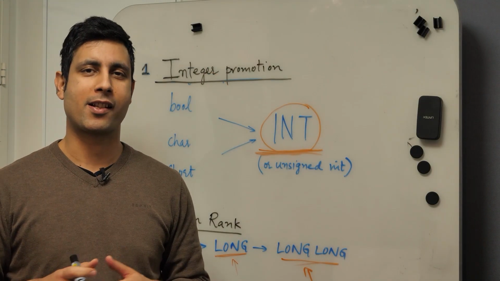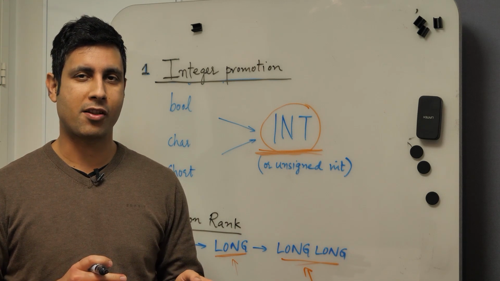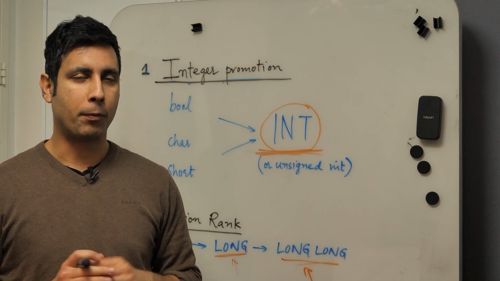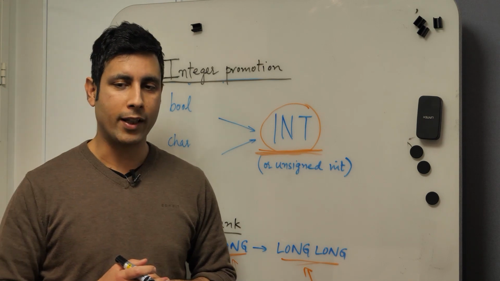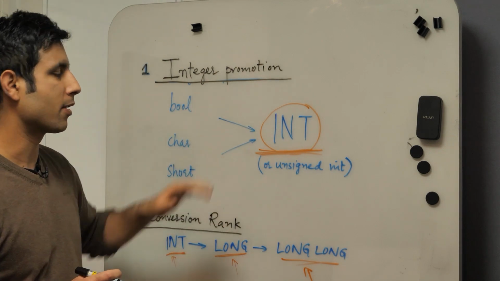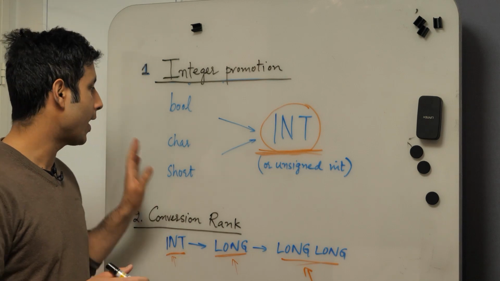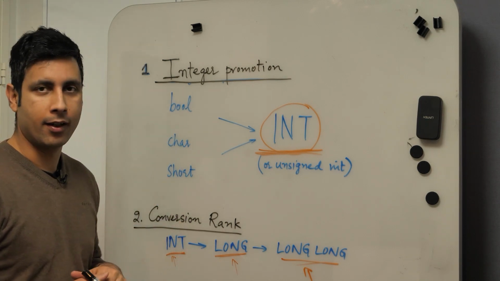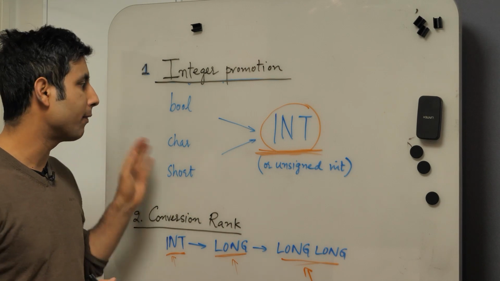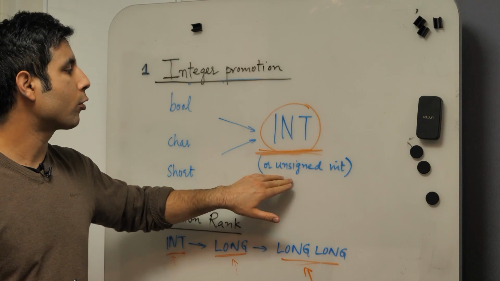Now that we have discussed the low-level details of integer conversion, it makes sense to discuss the rules. Before we discuss the rules, there are two things you need to remember. One thing is integer promotion. So every time there are operators working on operands, and operands have data type bool, char, or short, be it signed or unsigned, they will always be promoted to integer. In rare cases, they are promoted to unsigned integer.